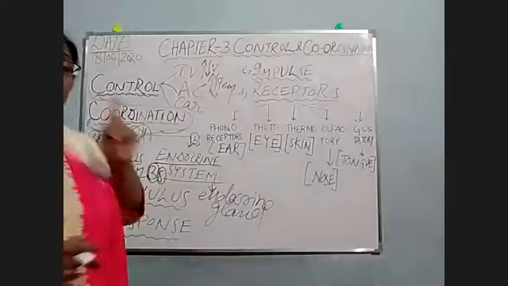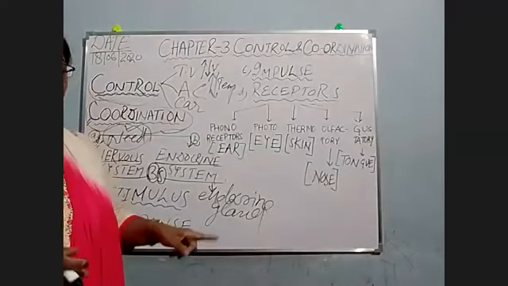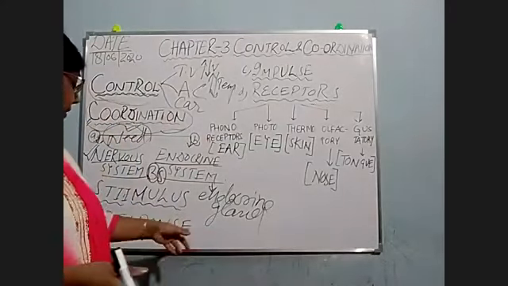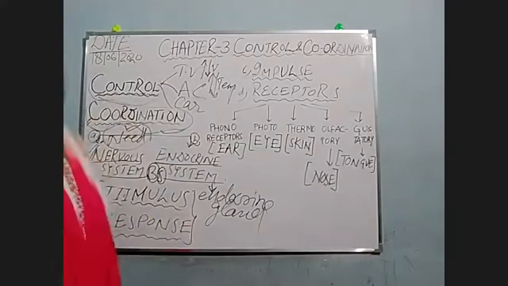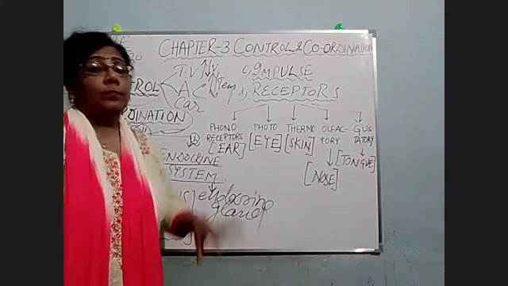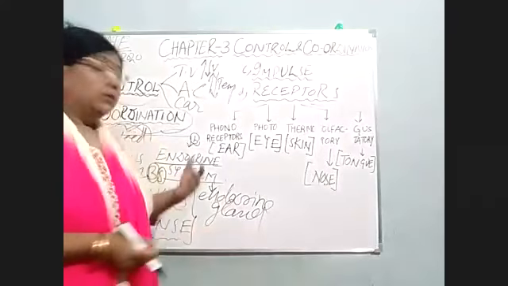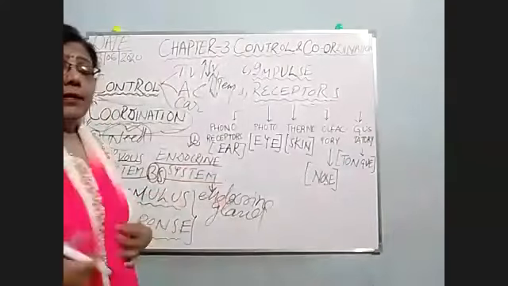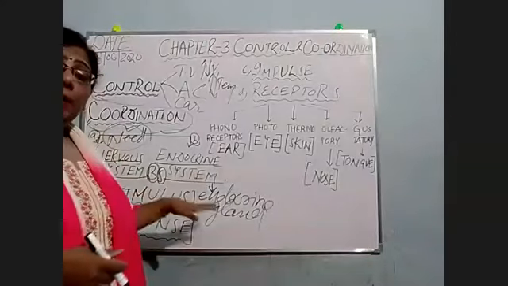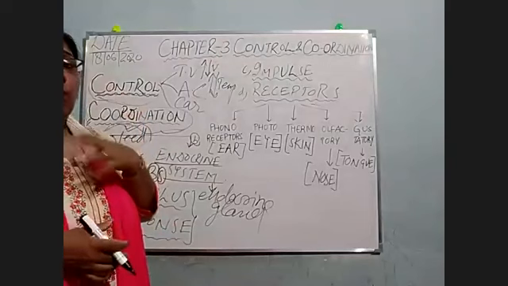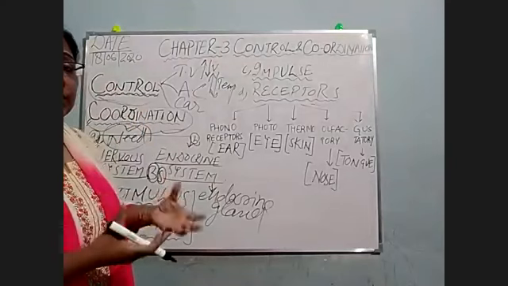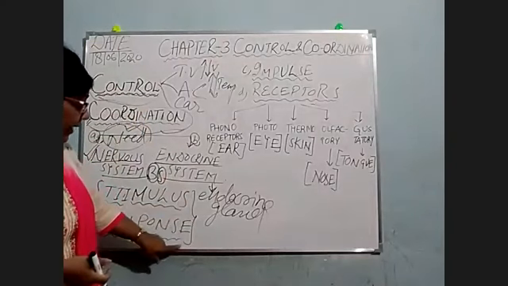Now I will give you some examples and you will differentiate which one is a stimulus and which one is a response. Especially girls, after watching the pani puri, your mouth starts watering. So what is the stimulus here? Definitely pani puri or golgappa is a stimulus, and the salivation in your mouth, when your mouth is filled with saliva, that is the response.